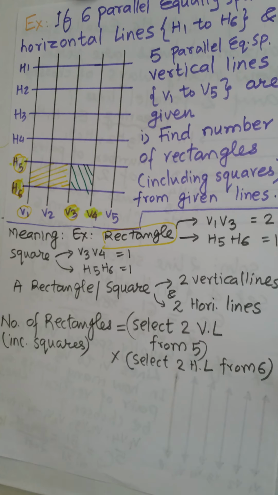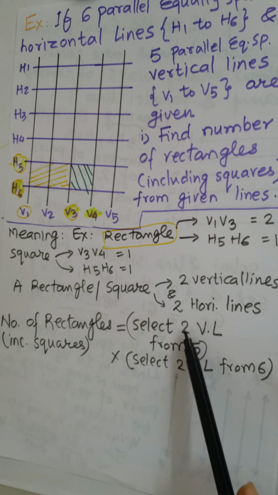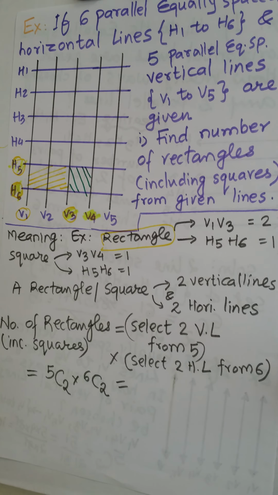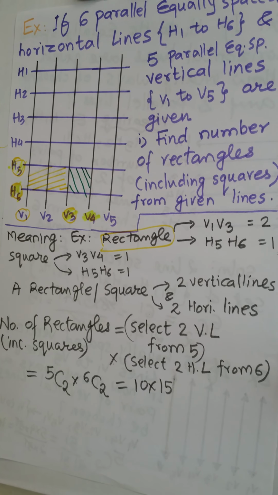These two subtasks are involved, so we find each and multiply. 5C2 and 6C2 respectively give 10 and 15, which gives the answer 150.